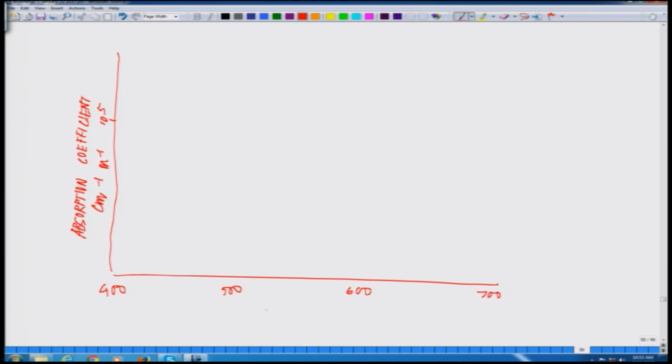These are wavelengths in nanometers. Okay. So for chlorophyll A, let me put it in green.